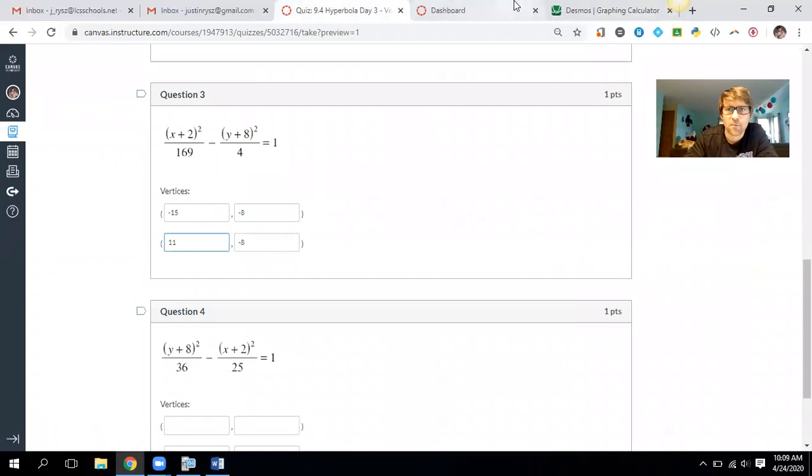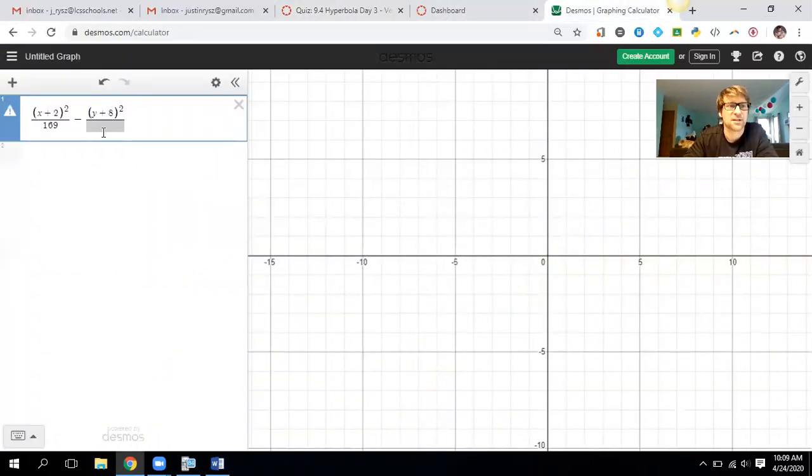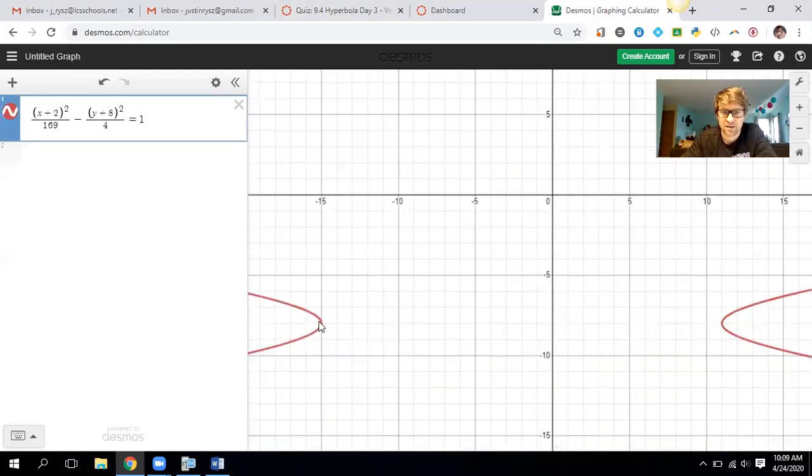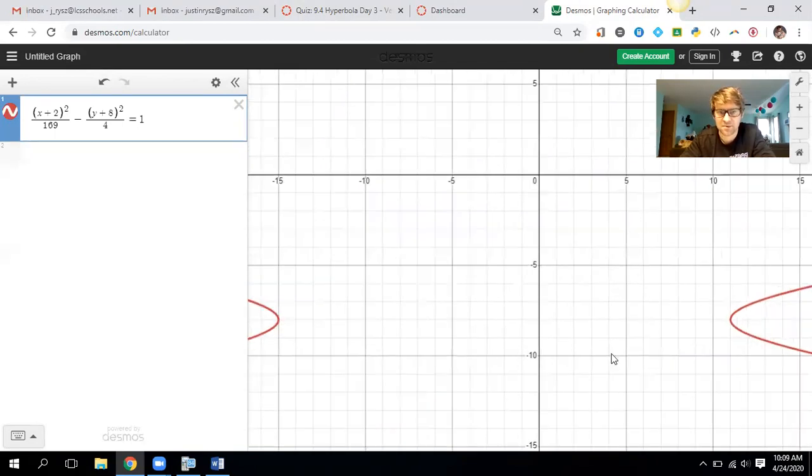And the other number has no point in this section here. Equals 1. All right, so I have to zoom out a little bit, and I got, can I click on them? Yeah, I can kind of click. I don't know why it's not letting me click on this one. But if I look through right here, negative 15, negative 8, yep, that seems to be a vertex of that. And then over here, 11, negative 8.